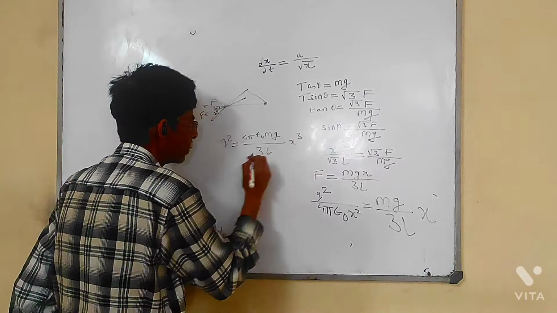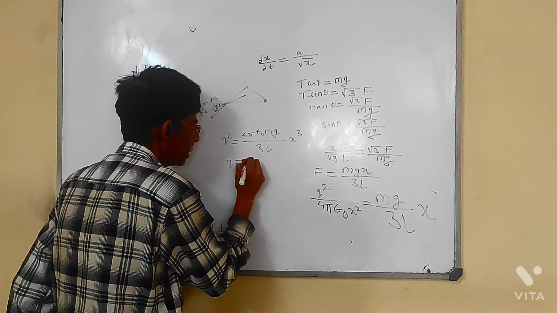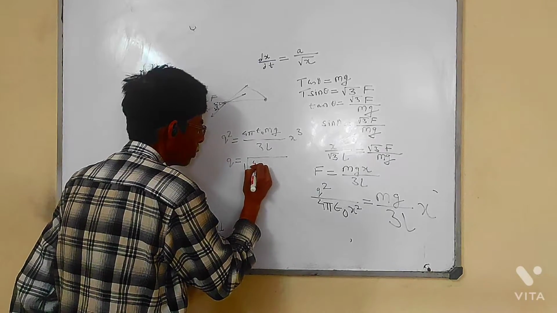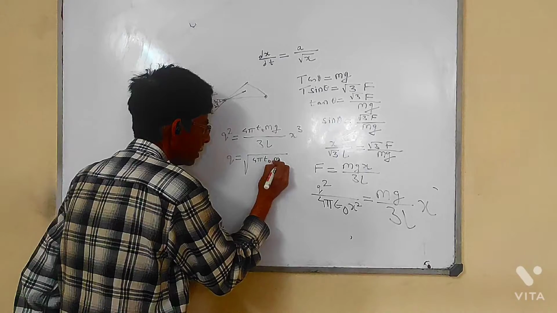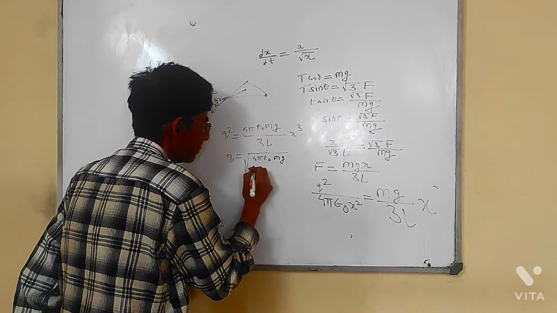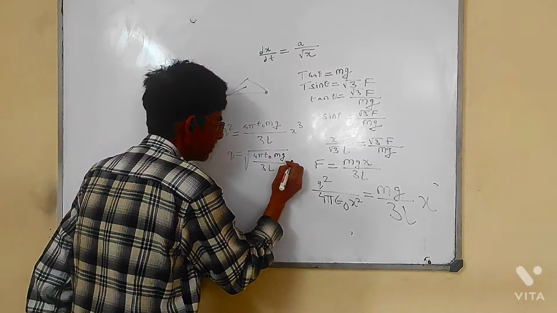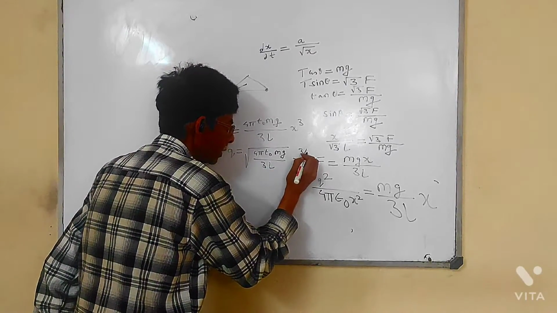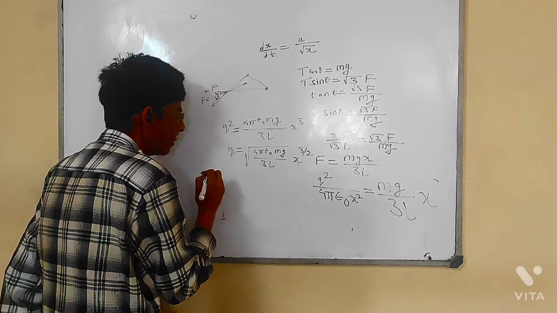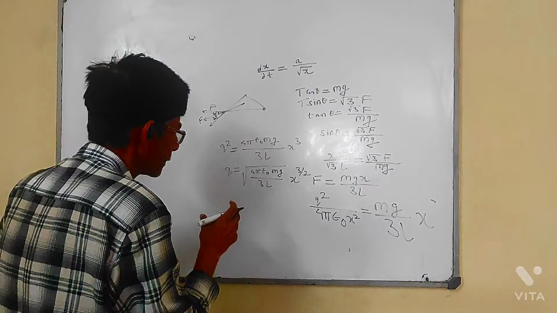So q is equal to under root 4 pi epsilon naught mg by 3L, x to the power 3 by 2. For the rate of increase of charge dq by dt, dx by dt is the slow increase of the side, the rate at which the side increases.